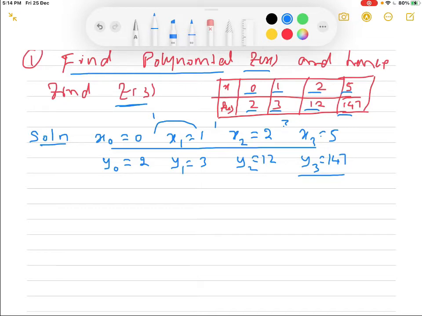Therefore we cannot apply Newton's forward interpolation formula or Newton's backward interpolation formula. Therefore we can apply Lagrange's interpolation formula to find the value of f of 3. So let us find the interpolating polynomial, then you can evaluate the value of f of 3.